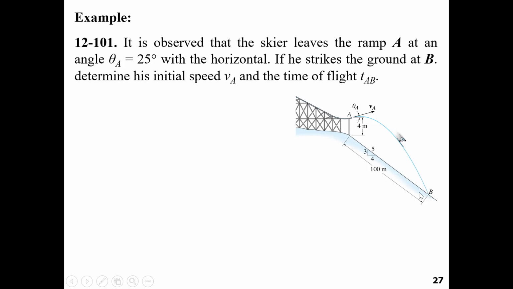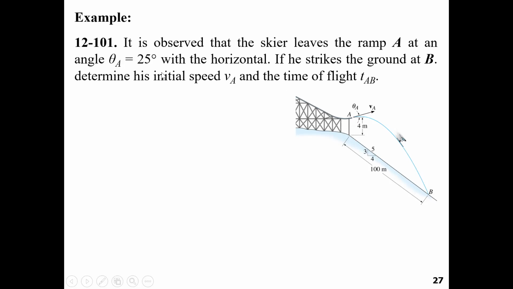The geometry of this whole path is given. You have a straight line of 100 meter, slope is 3 to 4 (3/4), and this starts 4 meters below where the guy jumps, right? The dimensions, technically the X and Y position of the landing point B, is given.